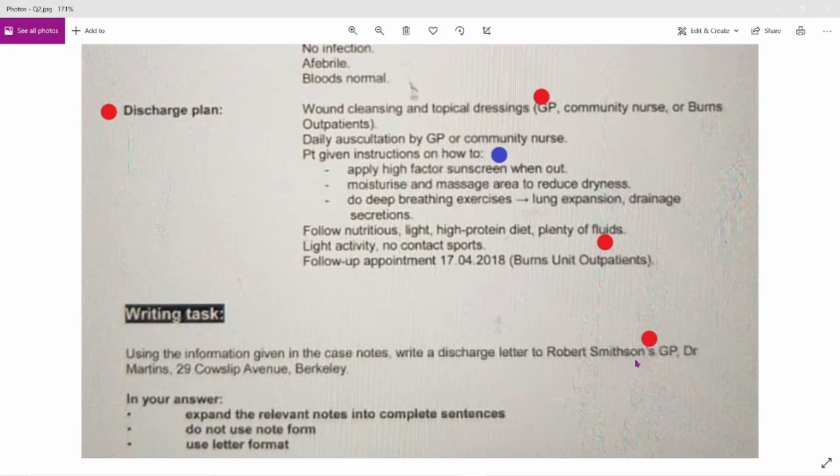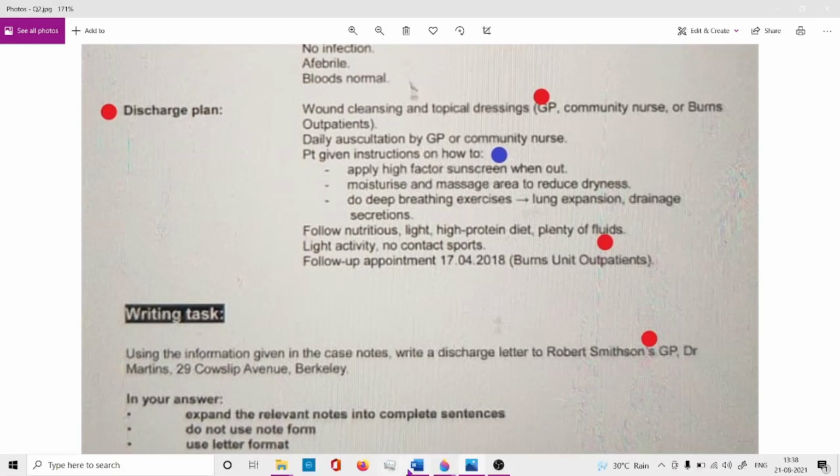The GP already knows this person. Otherwise they will say, write a letter to his or her GP. In that case you can understand that this is a known case.